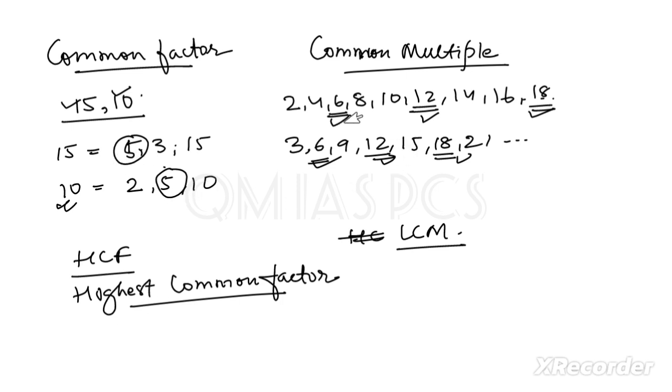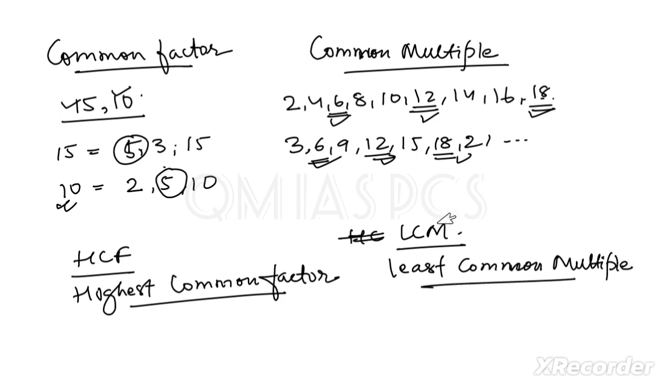LCM means least common multiple. Here the answer will be the least common multiple. Common multiples are 6, 12 and 18, and among the three the least one is 6, so 6 will be the answer. Okay, so you got it, what is LCM and what is HCF.